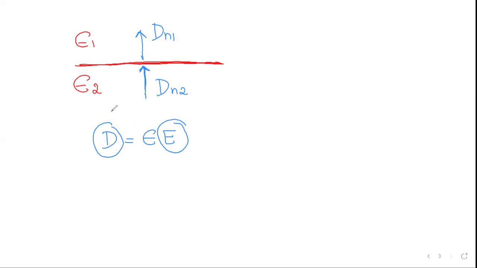So now for the normal component, I will create a surface at the interface. Since this interface is planar, I am going to create a box type surface which is enclosing my boundary between the two dielectrics.